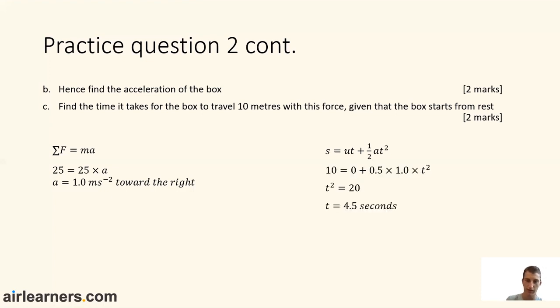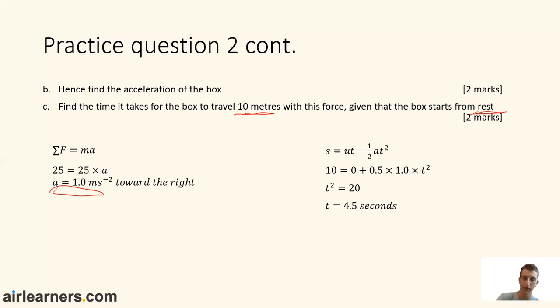We're going to say, well, the displacement is 10 meters, which is right here. The initial velocity is 0. It says it starts from rest, plus half at squared. Now, taking the a from over here, we can get 0.5 by 1 by t squared. So you get t squared is 20, and then t is roughly 4.5 seconds.